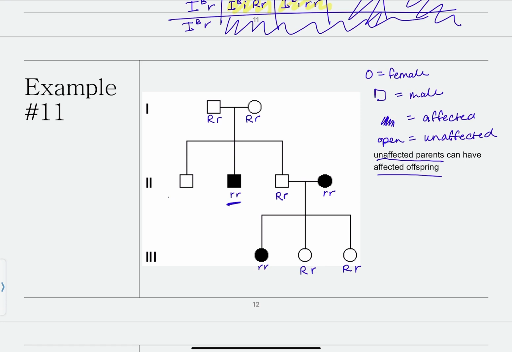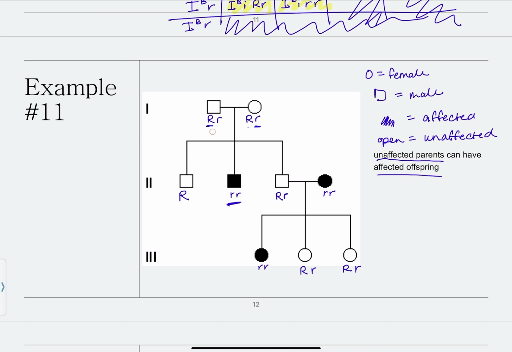Okay, so now moving on, the only person left is this son right here. They're unaffected, so they have to have a dominant allele, but this is where we really can't tell what the second allele is. Because say this parent donated a dominant allele, they could have either gotten another dominant allele from the mom and still would have been unaffected, or got a recessive allele from mom and would have been unaffected.